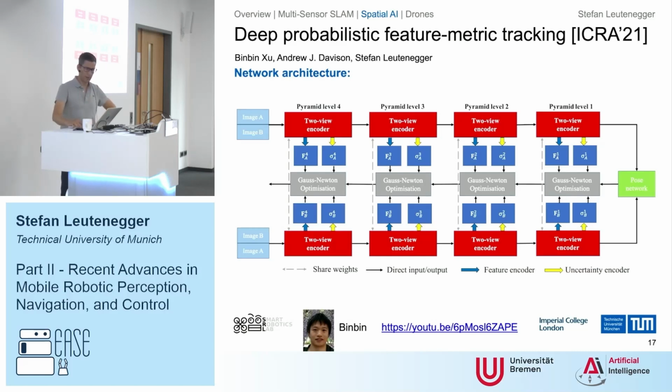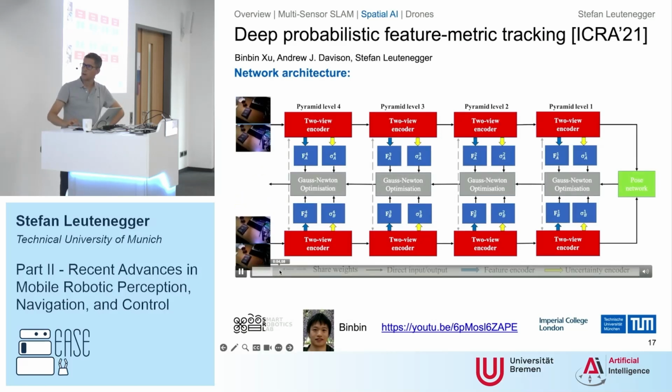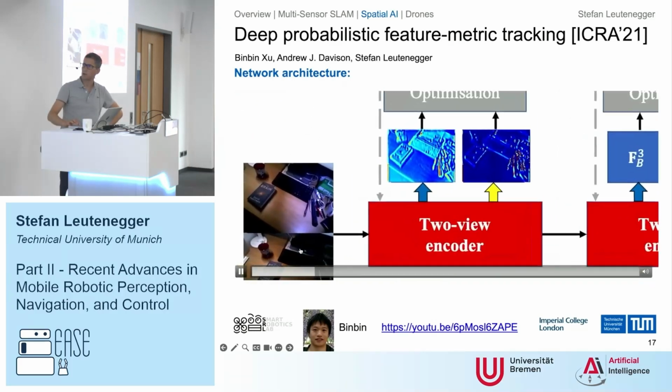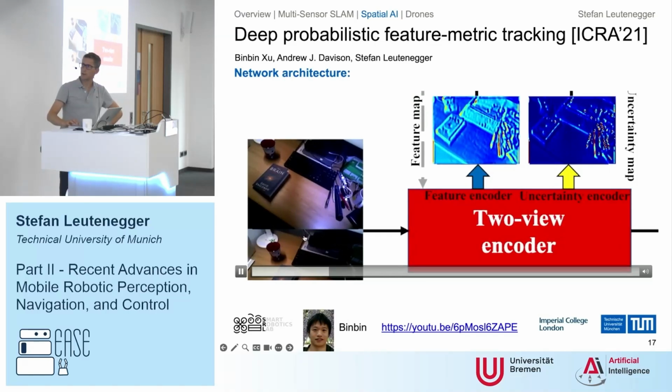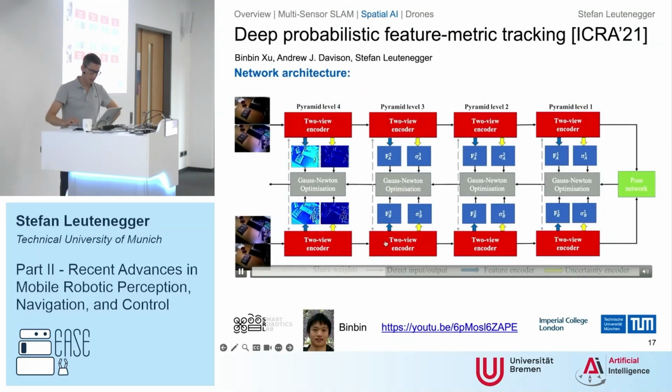And then you can put this into a fully differentiable Gauss-Newton kind of idea, where the images first come into an encoder and produce these feature maps and the uncertainty maps. You keep downsampling, so you have lower resolution maps.